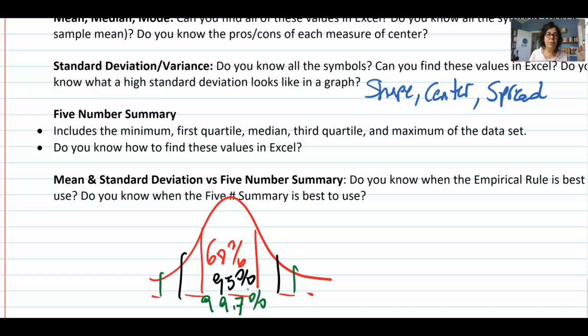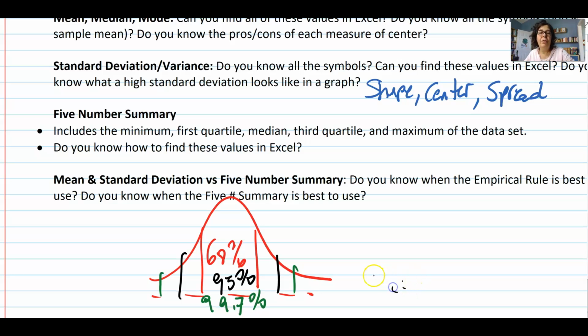Anything above 2 standard deviations or below 2 standard deviations will be unusual. Because the shape is bell shape, then we can talk about the mean and standard deviation. Then we can use empirical rule.